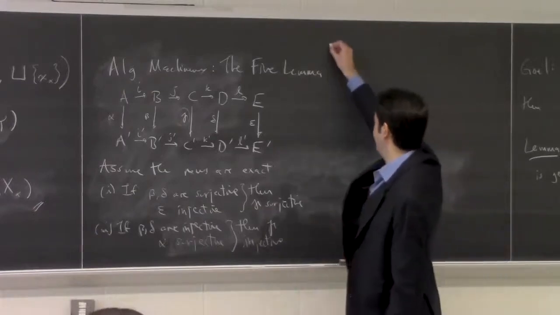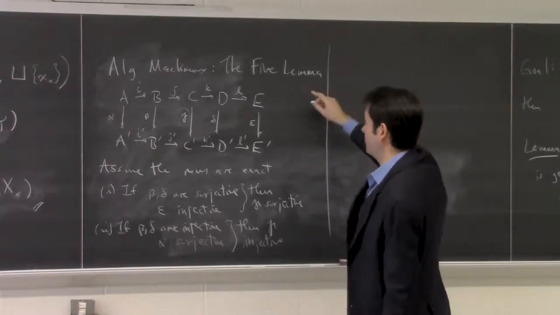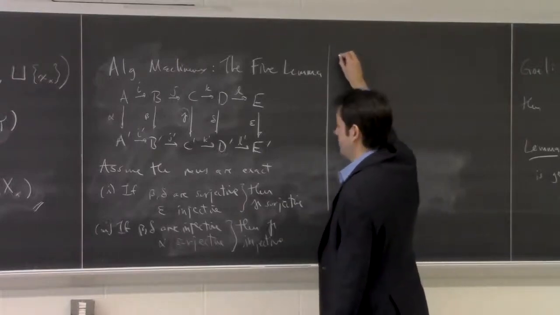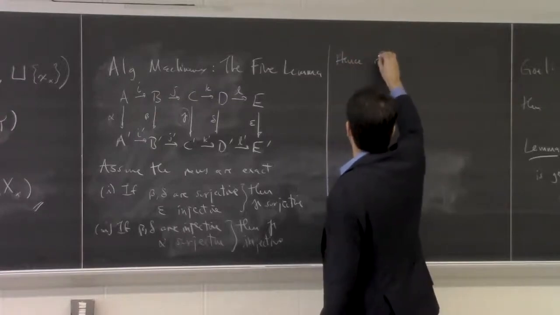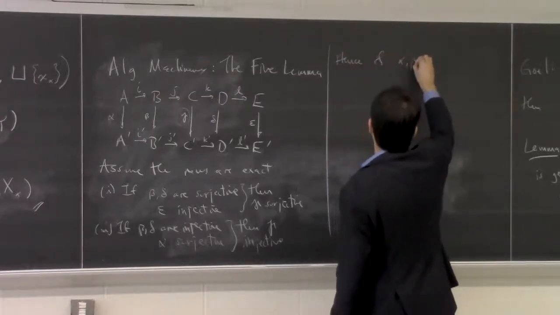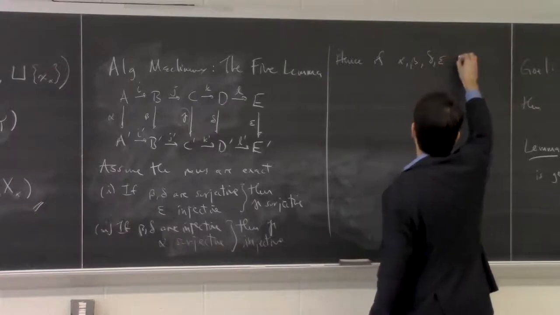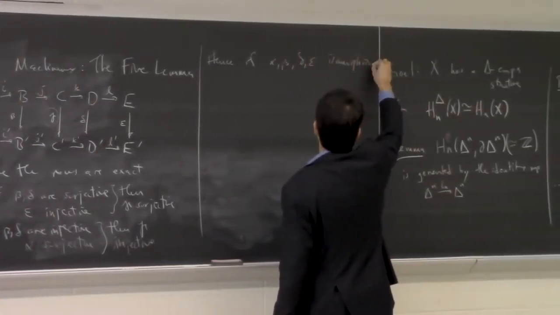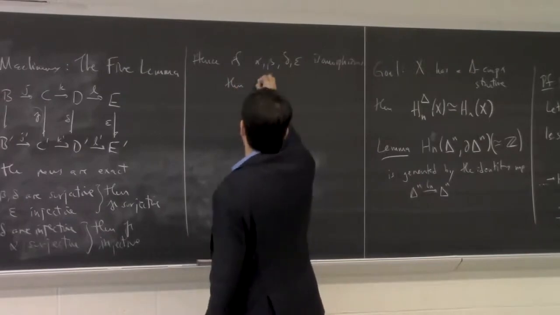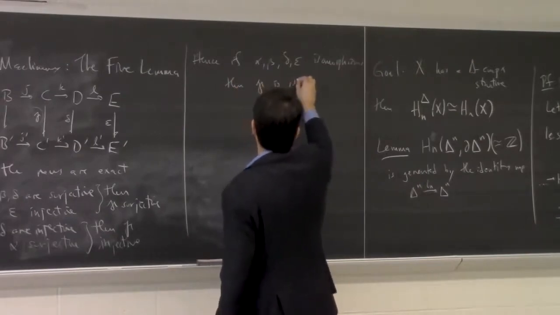Yeah, the way this is often used, which is why it's called the 5 lemma, is if alpha, beta, delta, and epsilon are isomorphisms, then gamma is an isomorphism.